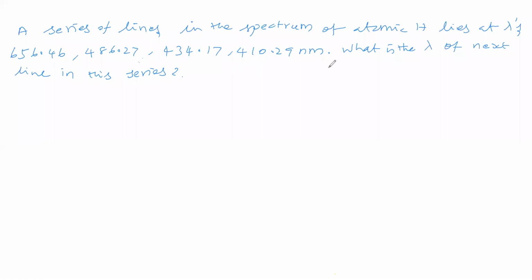Okay, so now we will take the wavelength range given. Some of the wavelengths are given, and they are asking for the next wavelength. We will take the last wavelength, 410.29 nanometer.